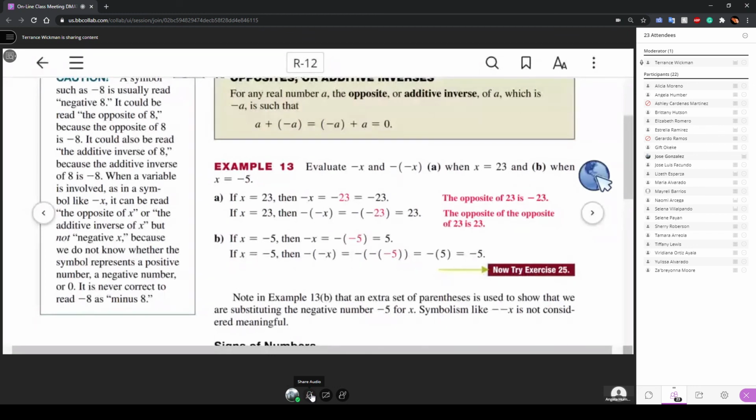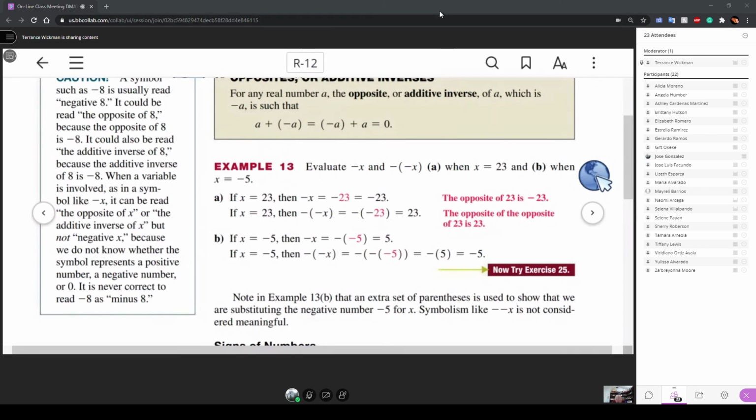That's good. Okay. So evaluate negative x, and this means number 13, whatever you add, it's going to equal 0. Now, they give you 2 numbers, though. The 2 numbers are different. If you have 23 and then a -23, it's going to equal 0.